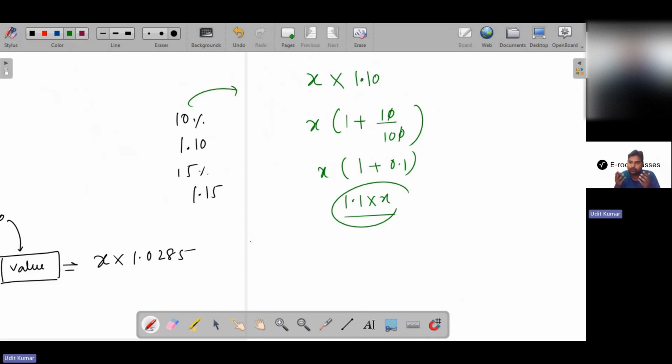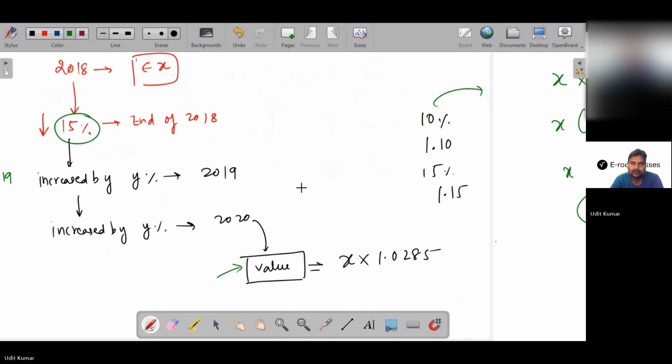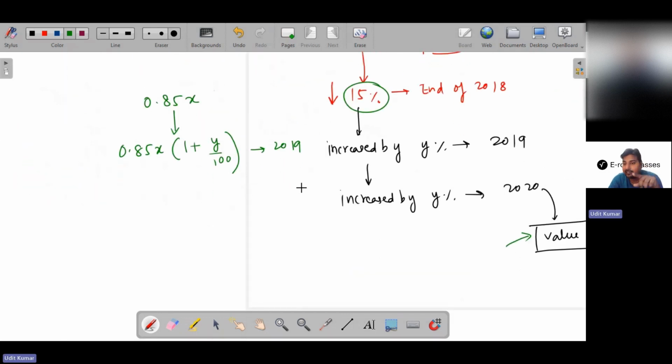But in this case, you don't know y, so I can't directly write it. If I knew y is 10, 15, 20, then I would have directly written it. But as I don't know it, I have to write it in the original form. So this is by the end of 2019.